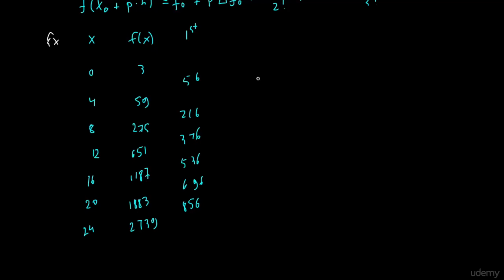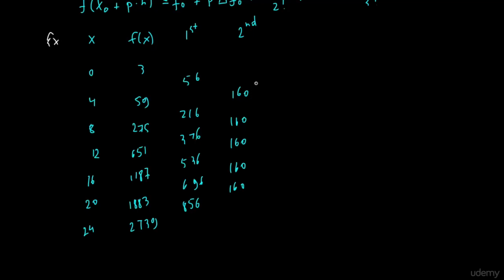Okay, so that's easy, but the second differences are what we're really concerned with. So these are essentially all identical. They all have the same value. In this case, it's going to be the value of 160 in each one of them, which gives us an indication that we're matching perfectly with a quadratic polynomial of some kind.